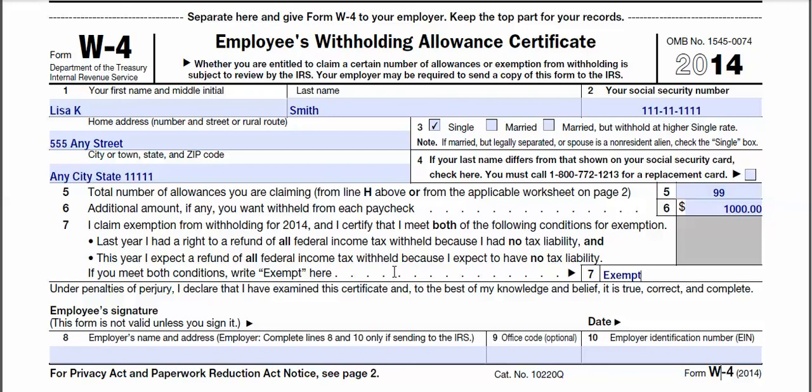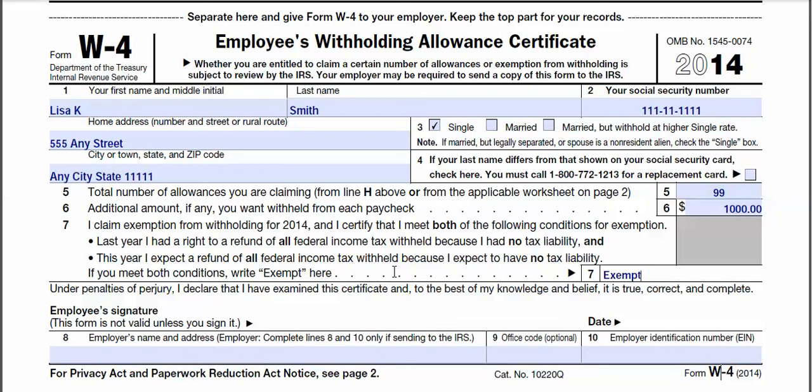And I must be very clear that if you received a refund last year, that does not mean that you had no tax liability. It just means that you overpaid. Okay? So possibly you paid in $5,000 in tax, but you only owed $3,000, so you received $2,000 as a refund.